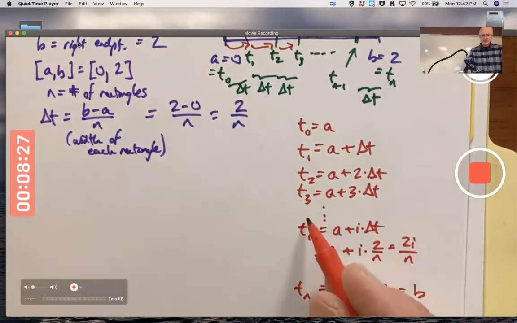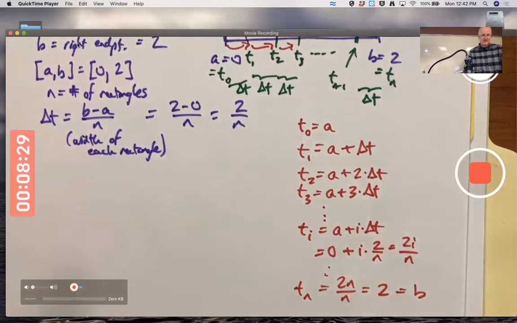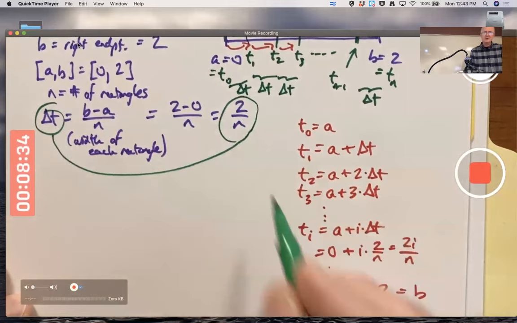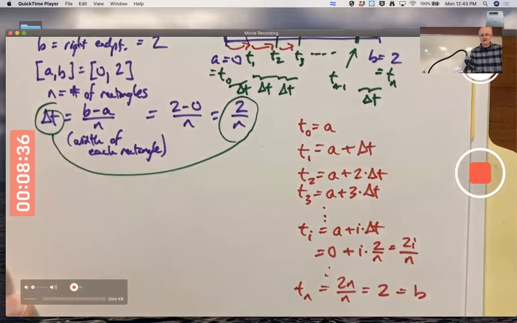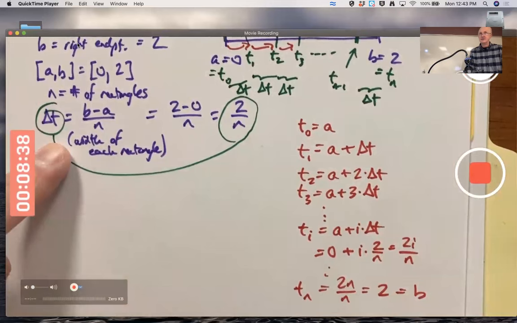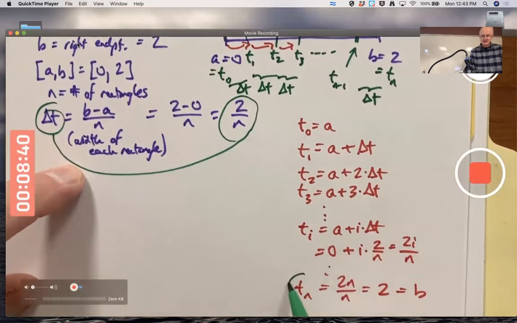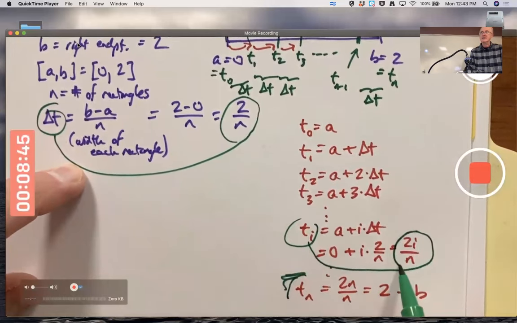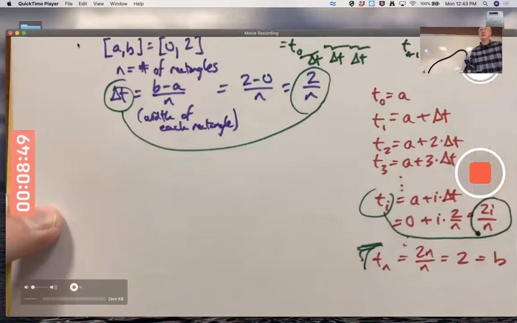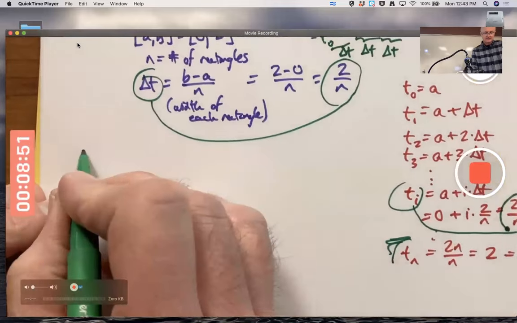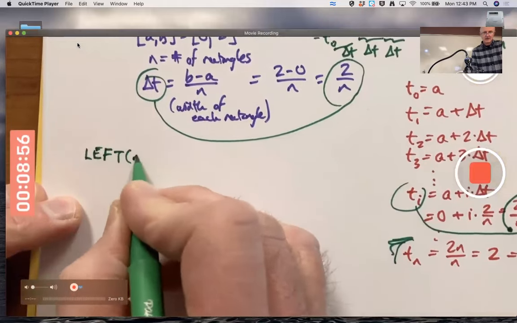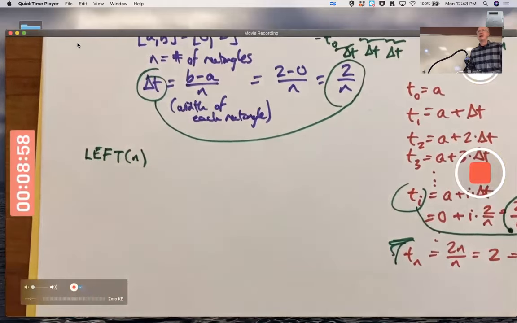So I'm now going to use a couple formulas in Mathematica to help me do numerical integration very efficiently. I'm going to use the fact that delta t is 2 over n, and I'm going to use the fact that ti is 2i over n. How? You remember left-hand sums and right-hand sums.